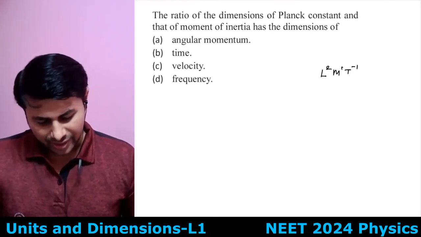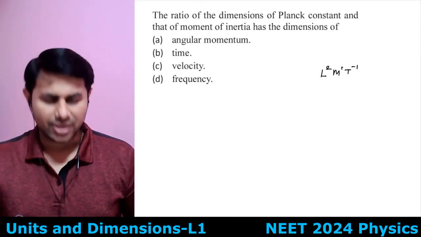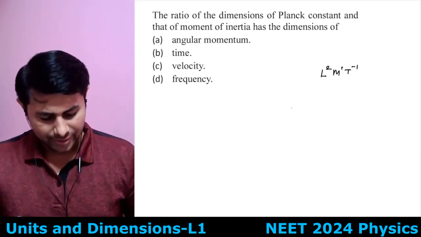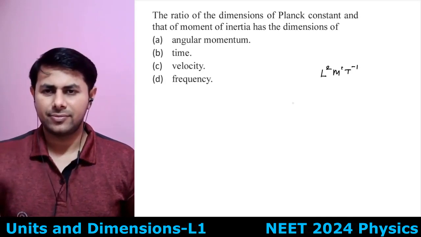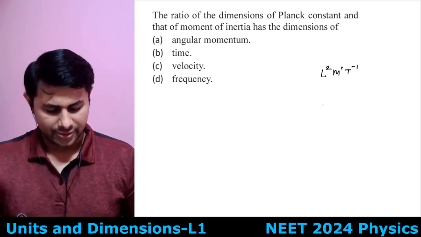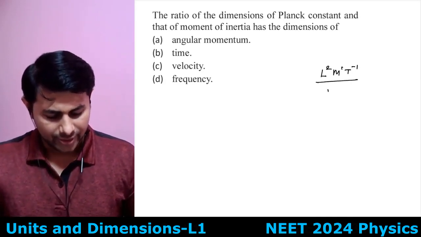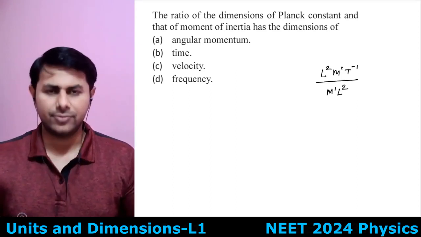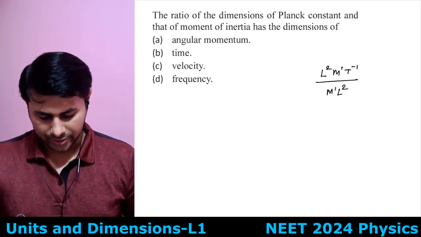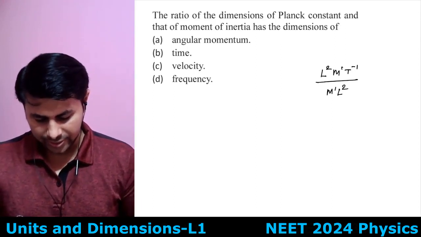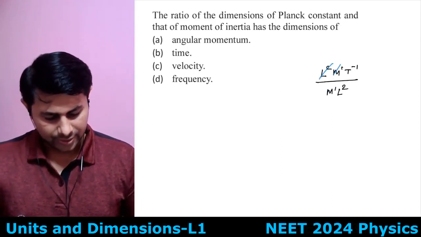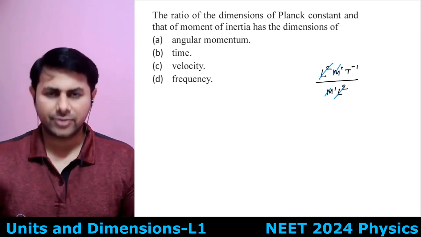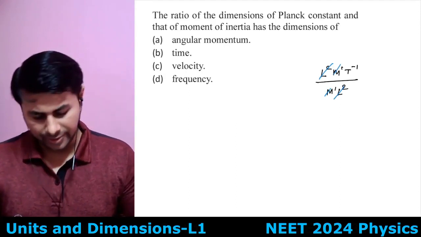And then moment of inertia. What is moment of inertia? I equals M r squared. So M^1 and r raised to 2 meaning L^2. So this thing gets cancelled out. Frequency, yes, T^-1. Inverse of time, that is frequency.